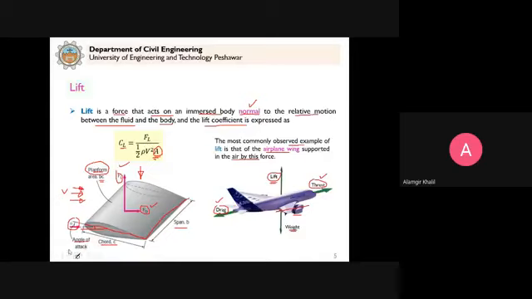What is the angle of attack? This is just the angle this chord makes with the horizontal axis, and this is a very important parameter in the design of these objects, as I will show you later on in this lecture. This angle of attack is a very important parameter in the design of these objects.